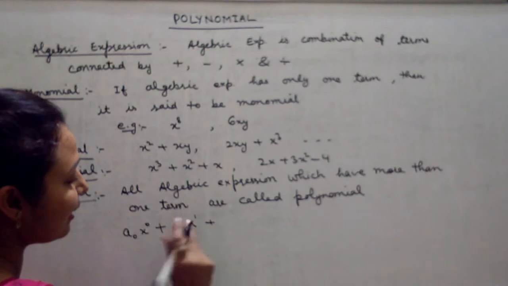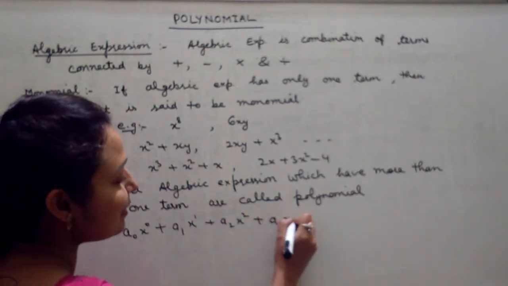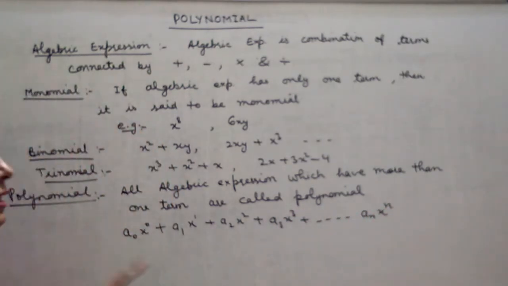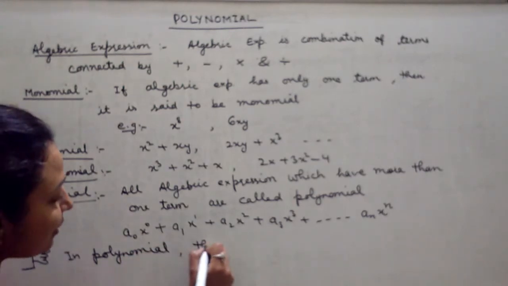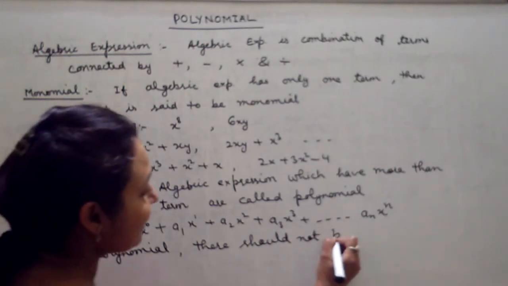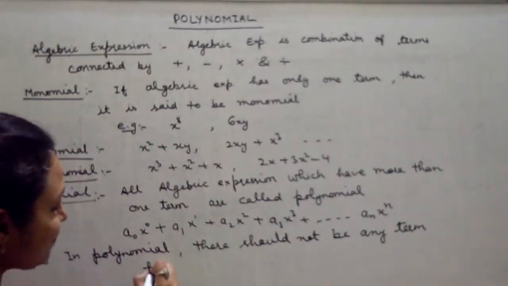a2 x square, a3 x cube and so on, up to an x raised to power n. But the important condition in a polynomial is that there should not be any term having negative exponents.